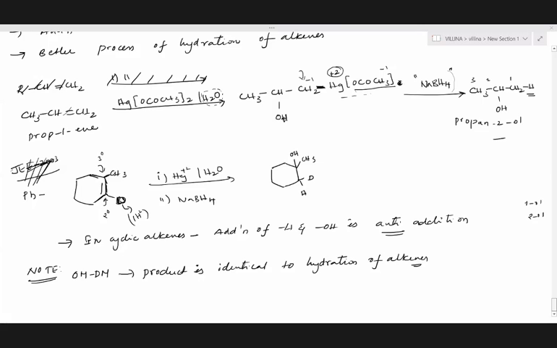Repeat the note. Yes, one second. So OMDM is nothing but oxymercuration demercuration. The oxymercuration demercuration reaction gives the same products like we get in normal hydration using acid catalyst. I'll tell you the main reason for giving this note.